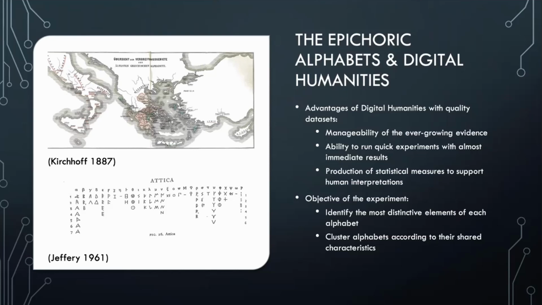However, the computing power that we can access today means that with enough quality data sets, we can manage the ever-growing knowledge and evidence, run experiments that are not as time-consuming, and get statistical measures based on a myriad of data points that illustrate where our human intuition was correct and where those perceptions might be biased.